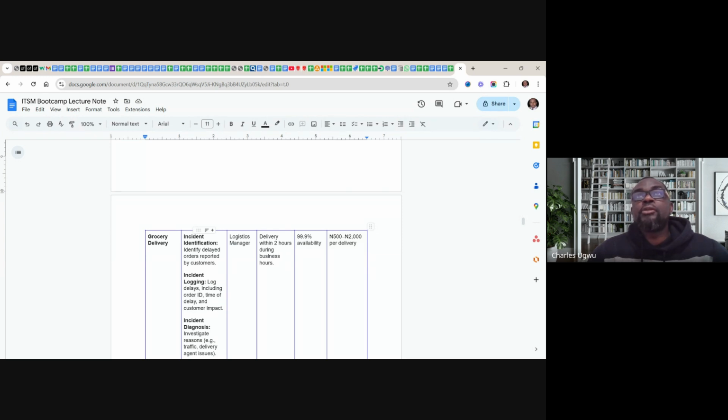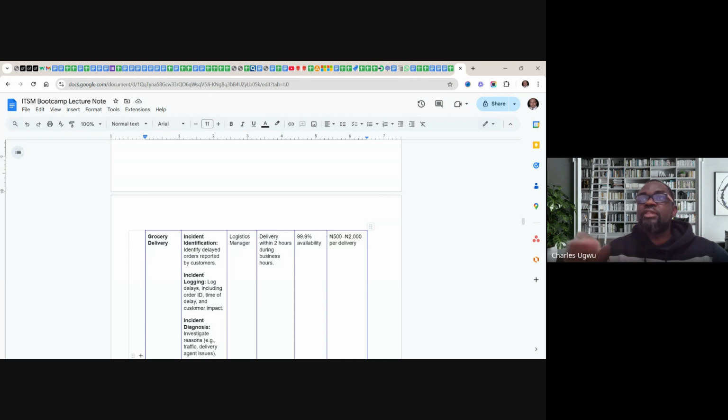Meaning we need to talk about the amount of time to respond, that is incident response and incident resolution. That is another way. So we have two service level agreements here. One is for the customer and one is for the service agent. The service agent is the agent within the ITSM unit.